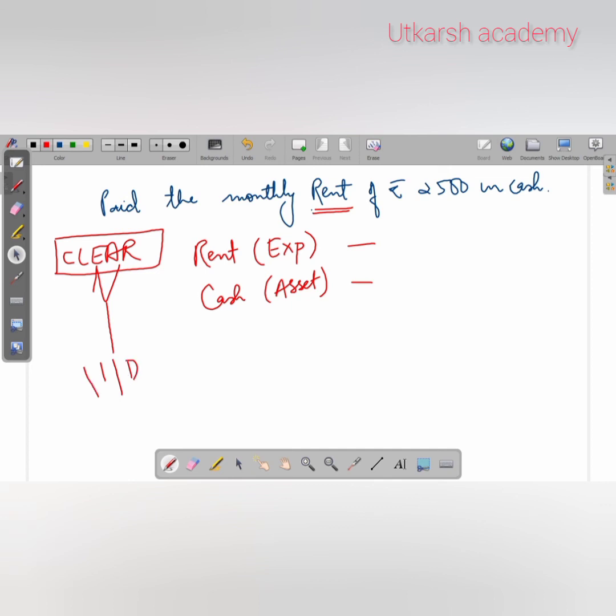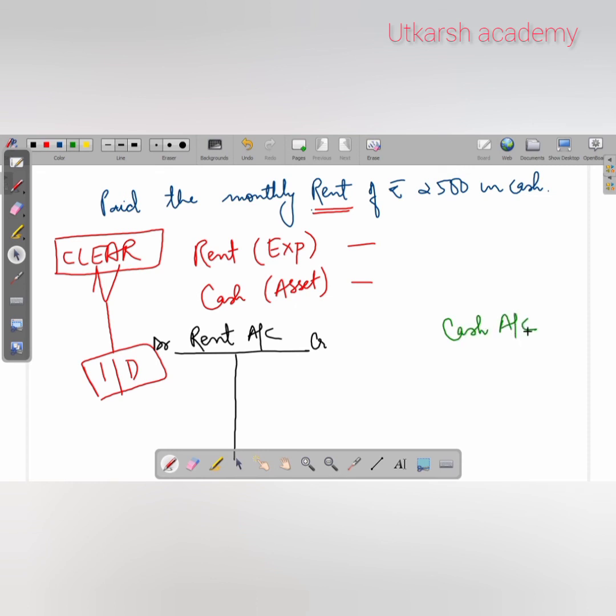Okay. See. If expense will increase, we will show on debit side. So this is rent account. Okay, this is T shape, debit, credit, and this is cash account.